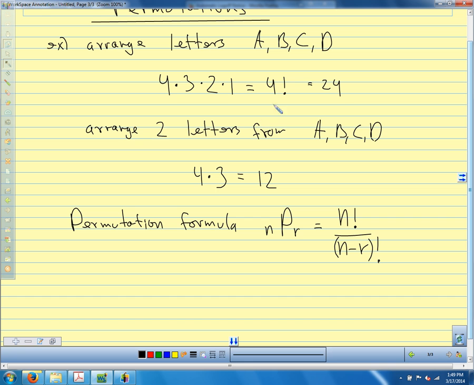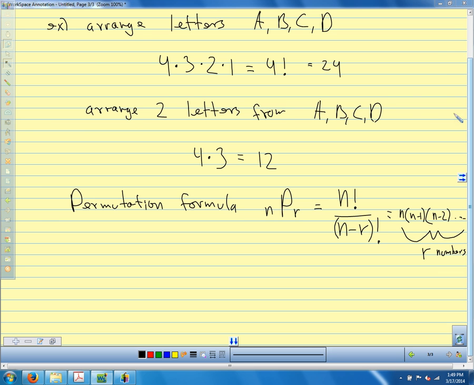So for this example, we had 4 factorial divided by 2 factorial. That's where we got the 12. The other way we can calculate this is n times n minus 1 times n minus 2 times dot dot dot, and we do this for our numbers. And a permutation is an arrangement of a smaller set from a larger set where order matters.